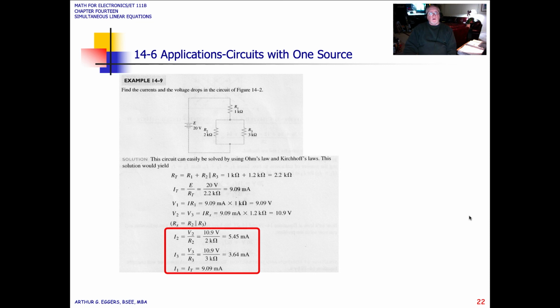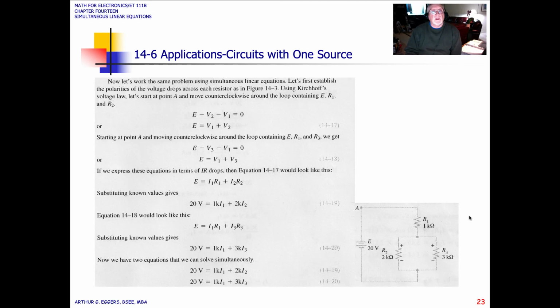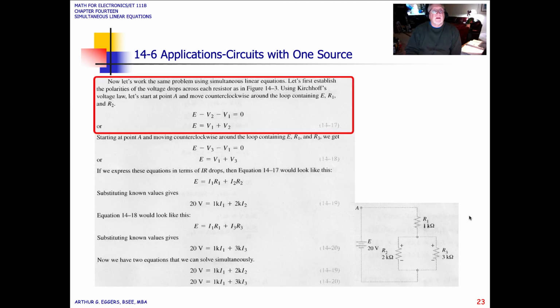So we are able to show here that the current through R1 is equal to the total current in the circuit of 9.09 milliamps. Okay, so that's our first part of that circuit.